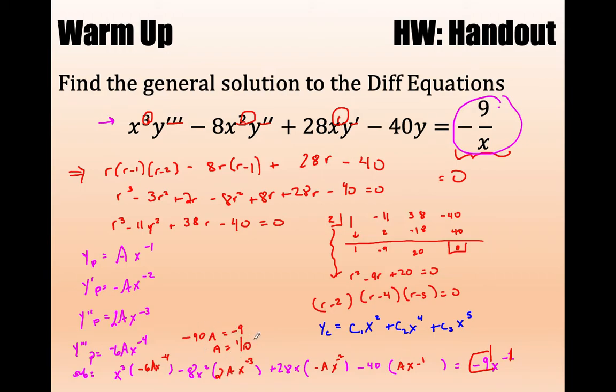which means that my particular piece is 1 over 10 x to the negative 1, or 1 over 10x.